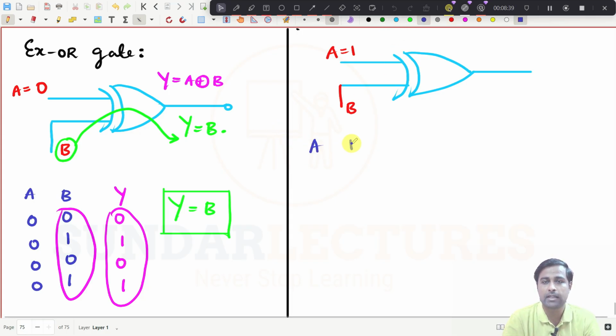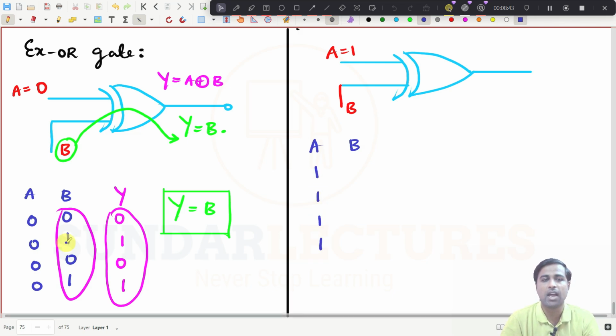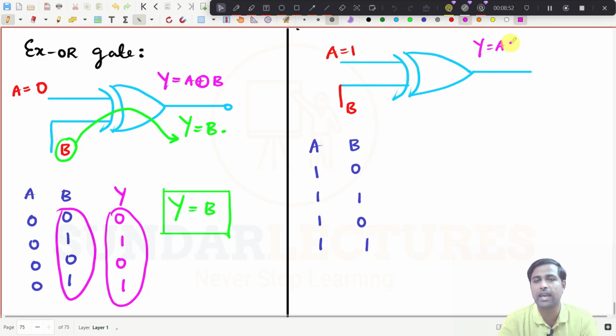This is A, this is B. So A is 1 1 1 1, and you know the input of B will be 0 1 0 1, right? And what will be the output now? Y is equal to A XOR B, I know that. What is Y now? See here, both are inverted, so it will be 1. Both are the same, it will be 0. Both are inverted, it will be 1. Both are the same, it will be 0.